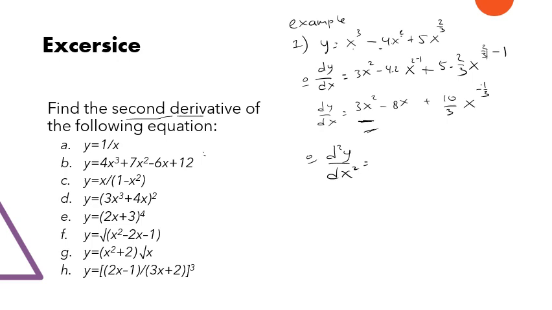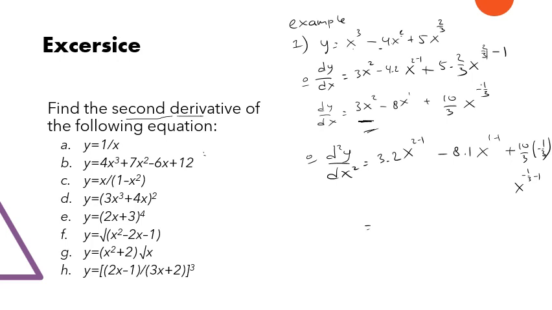3x squared, first derivation is 3 times 2x^(2 minus 1), minus 8x, so this is 8 times 1, because this is power 1, right? X^(1 minus 1), plus 10/3 times minus 1/3 x^(minus 1/3 minus 1).